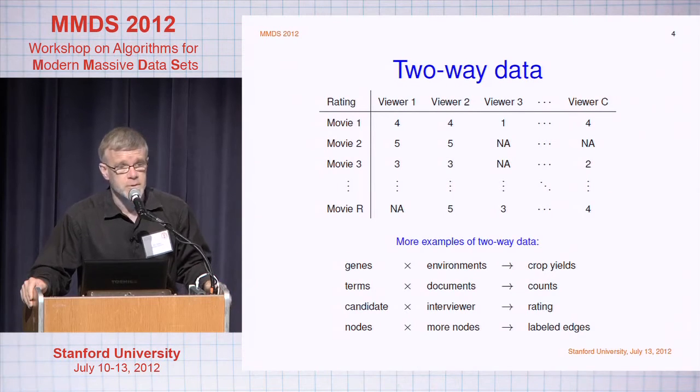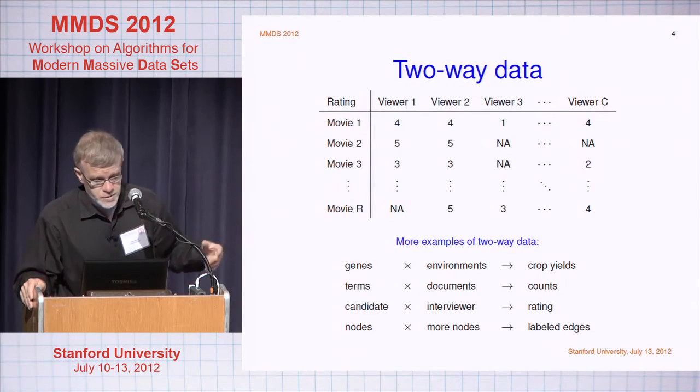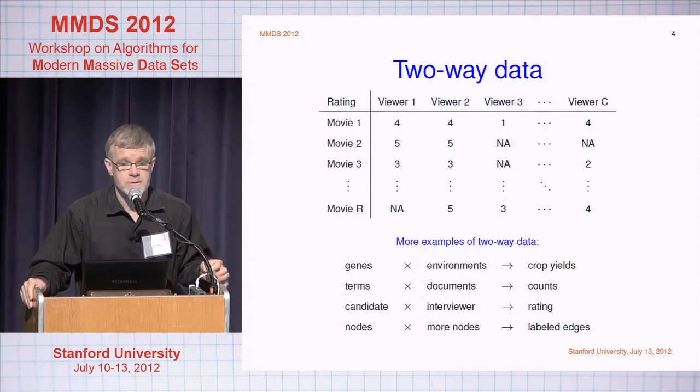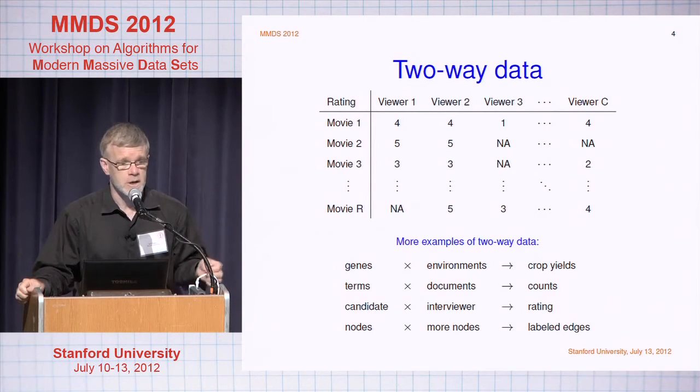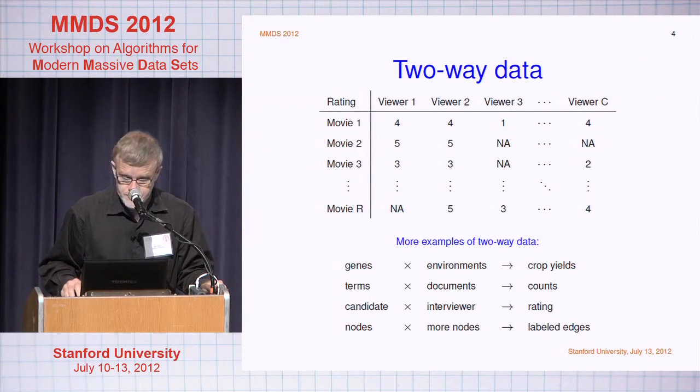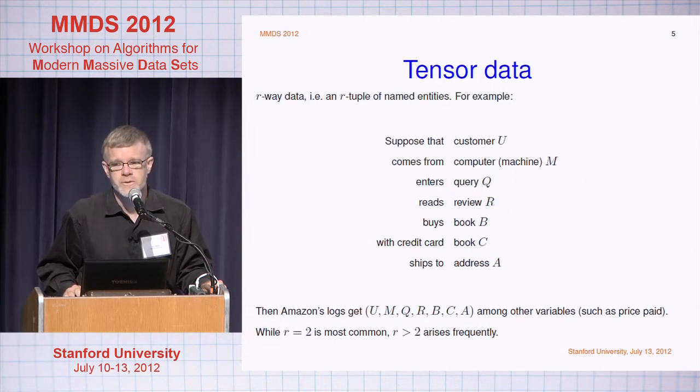And there are lots of examples. On the bottom of the slide: genes and environments, terms and documents, lots of rating data. There's a lot of data that has this form where it's entities by entities. So the rows and columns are both entities, and neither is anonymous. And it can easily be more than two entities.